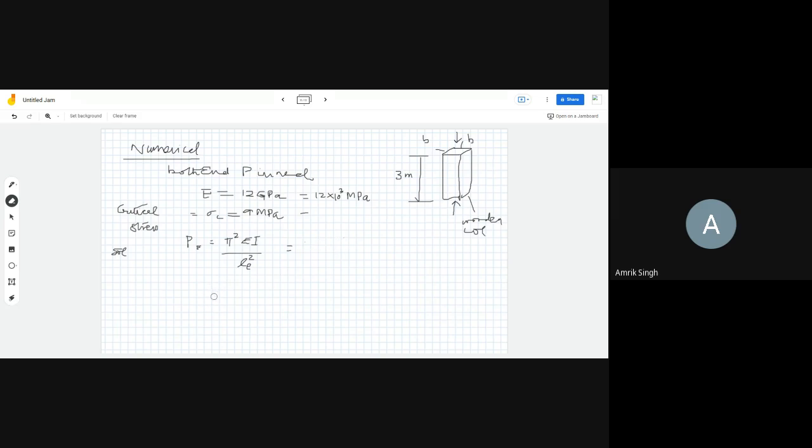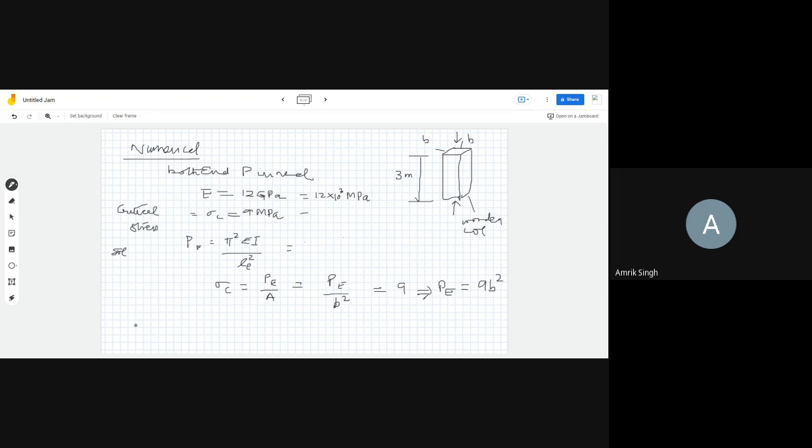The stress we can calculate as sigma C is equal to PE upon A, and A is B square because it is square, so B into B. So this is given as 9. Therefore P is equal to 9 B square.